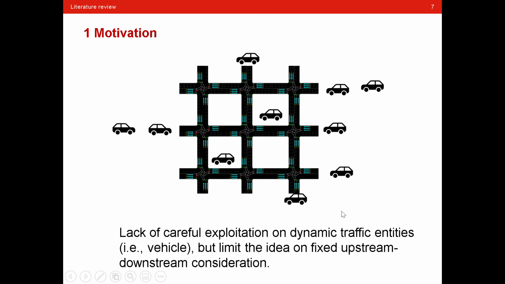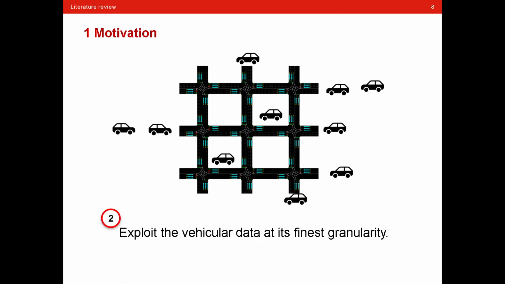That means they only consider the traffic flow from upstream to downstream, but do not pay enough attention to how the vehicles currently behave. So another contribution of this paper is that the authors exploit the vehicular data at its finest granularity.